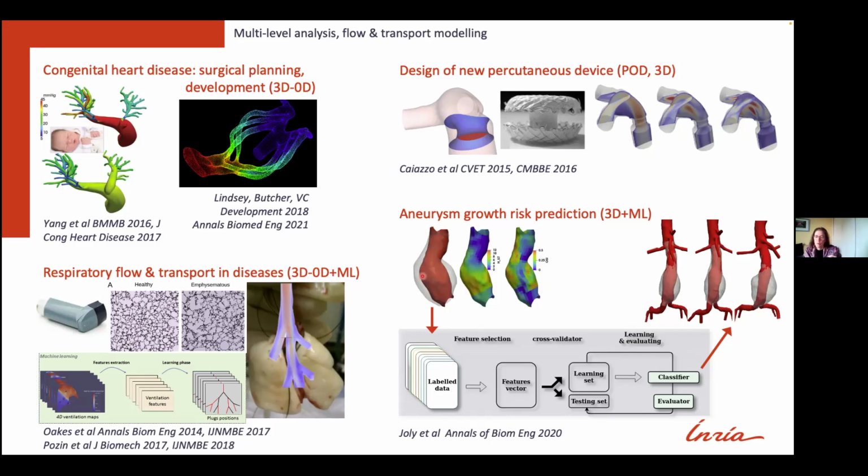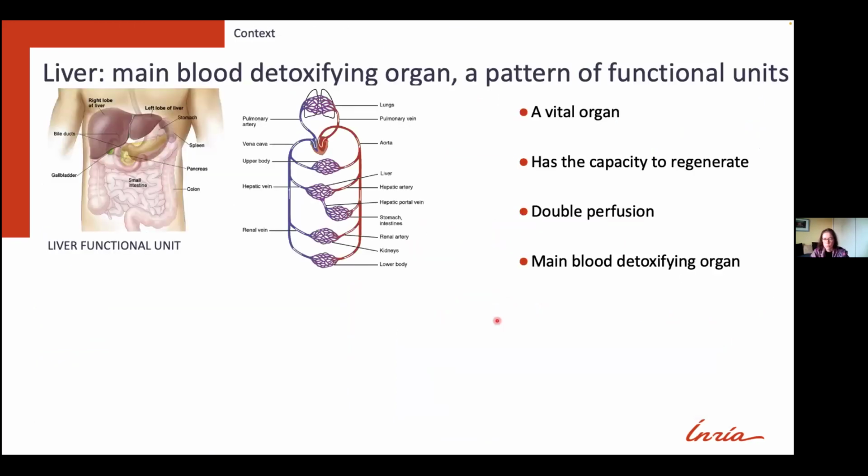We can describe the state of an aneurysm with geometrical descriptions and fluid mechanics descriptions, but not yet the growth and remodeling. And so sometimes we combine PDEs with machine learning for that purpose.